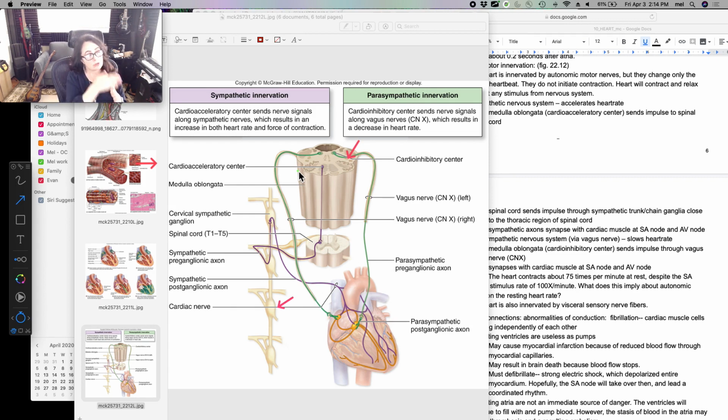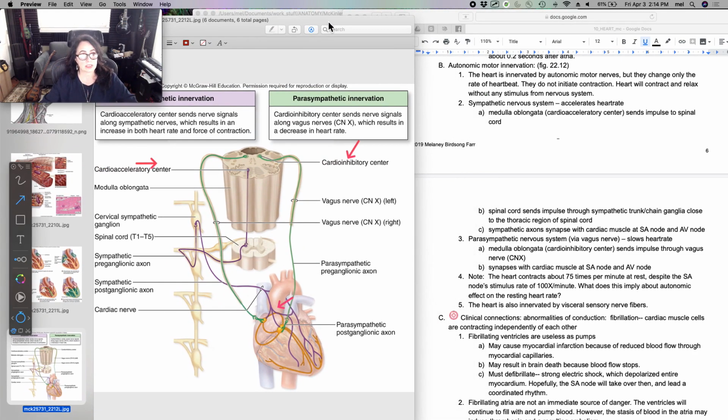I told you the medulla oblongata controls heart rate and vasoconstriction and vasodilation, and the sympathetic nervous system and parasympathetic nervous system. So now I'm just going to put this story together really quickly. This is the medulla oblongata that you're looking at right here.